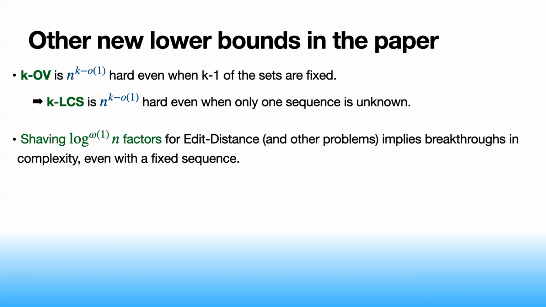Another result that can be boosted to the fixed sequence setting, now with a similar trick but a different proof, is the connection between shaving log factors and circuit lower bounds. So shaving a super polylog factor for edit distance, even when one of the sequences is fixed, has breakthrough consequences in complexity theory.